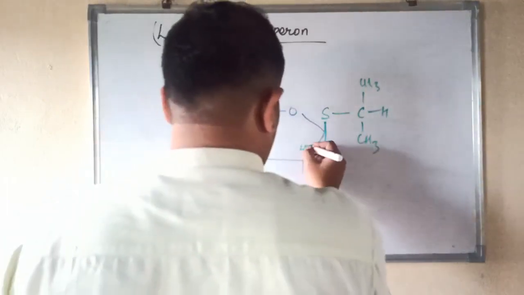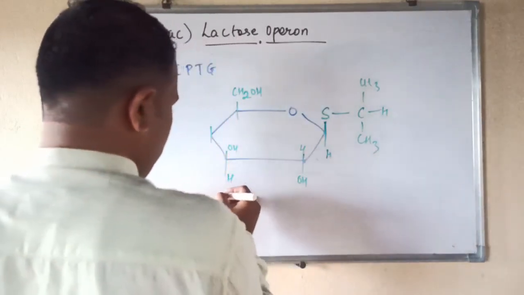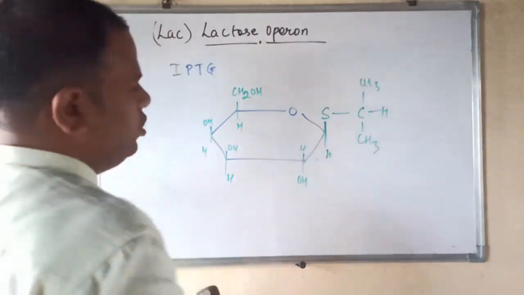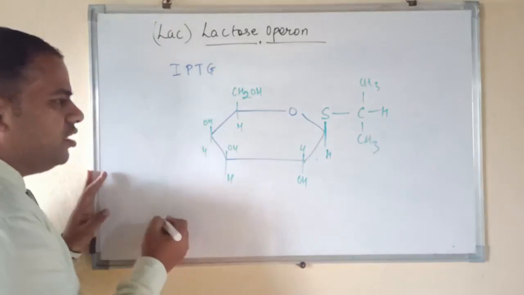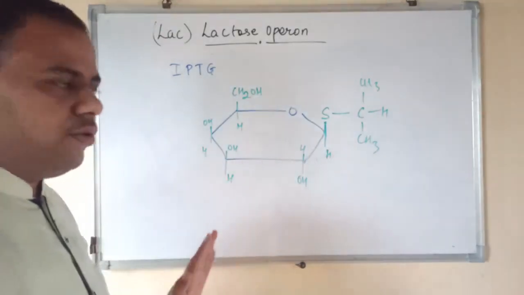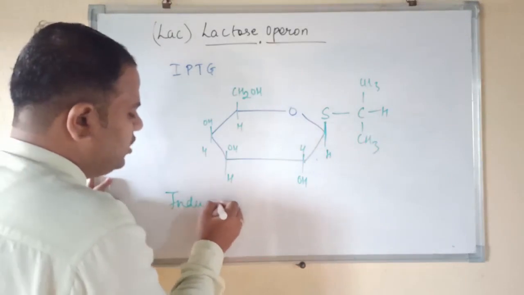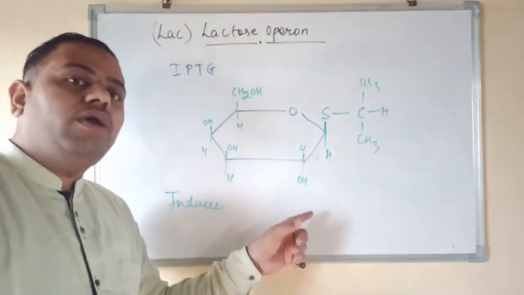Okay, so this is the structure of isopropyl thiogalactoside. So it is acting as an inducer. Okay, so this is the inducer for the lactose operon, but the thing is, this cannot be used as a substrate.